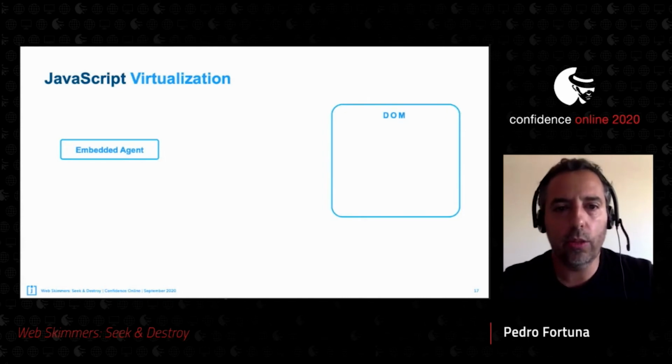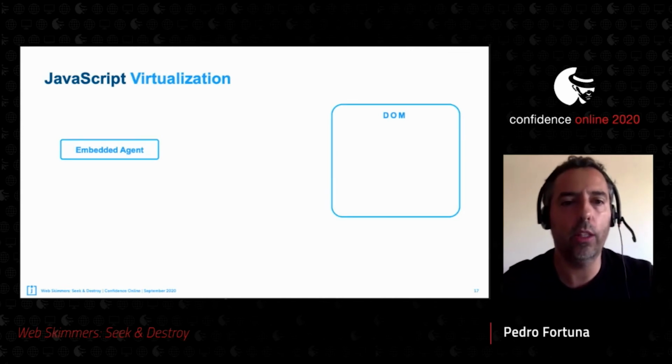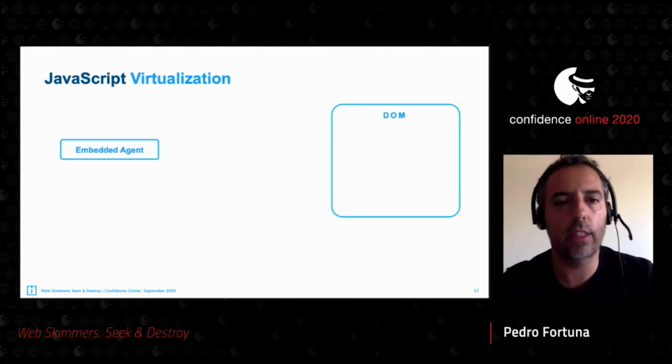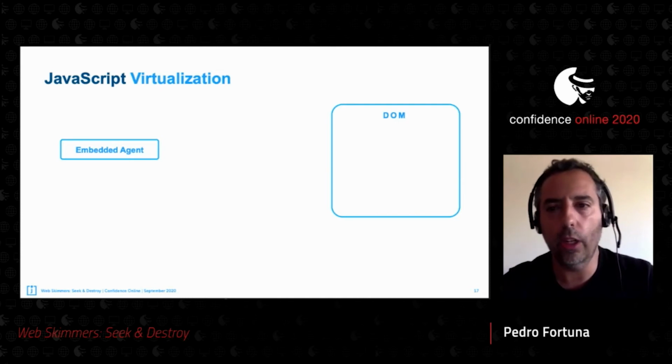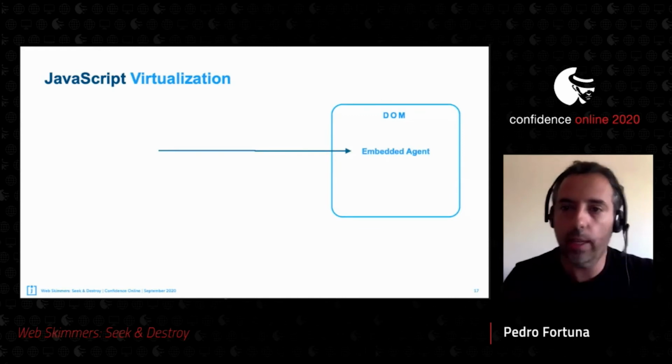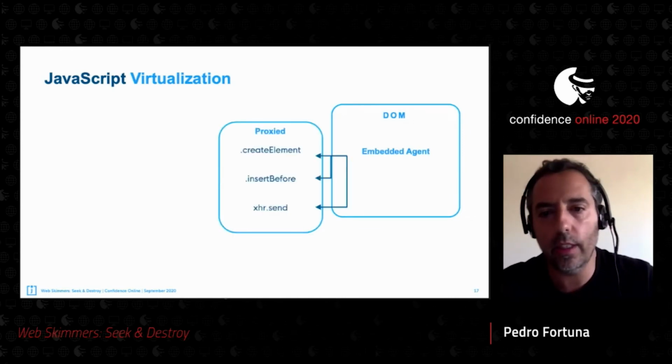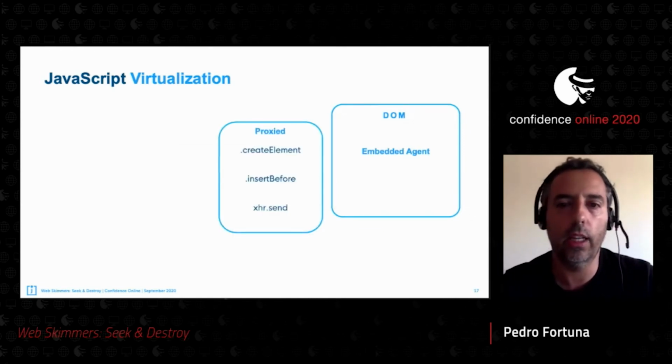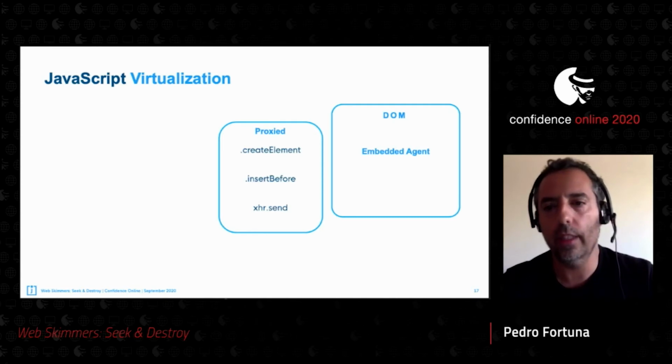To do this, we use a technique called JavaScript Virtualization. I will tell you roughly how it works. We need to add an embedded agent. This is actually JavaScript that you need to include in the page. It should be loaded as early as possible. What it does is proxy a bunch of things in the web APIs, like create element, insert before, XHR open and send.